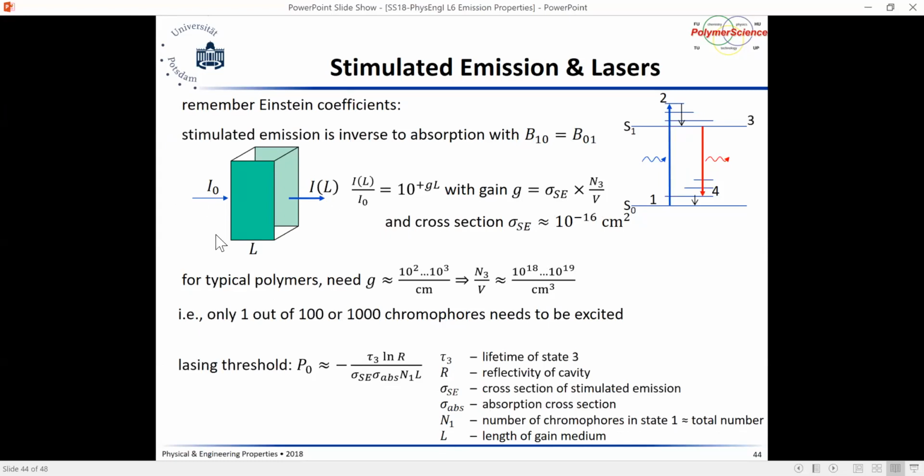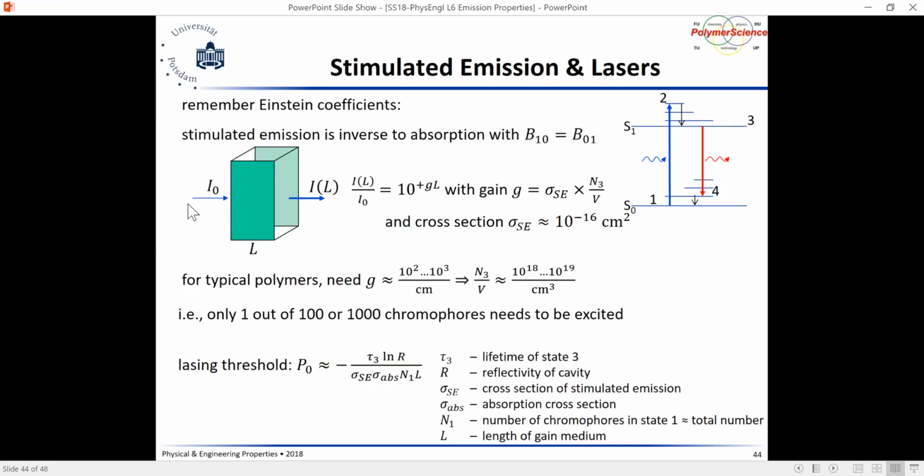One thing that we didn't talk about before is the cross section. The cross section basically tells you the probability, or how much, in this case, stimulated emission can occur per centimeter square. And here is where we have the absorption.